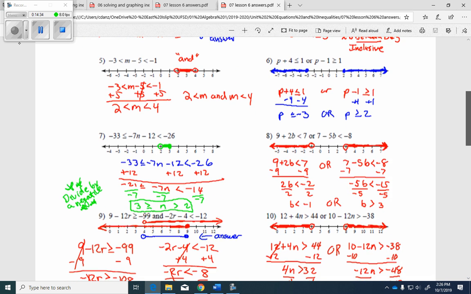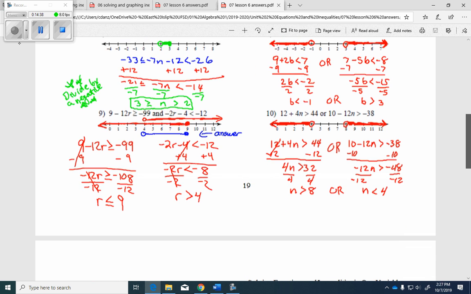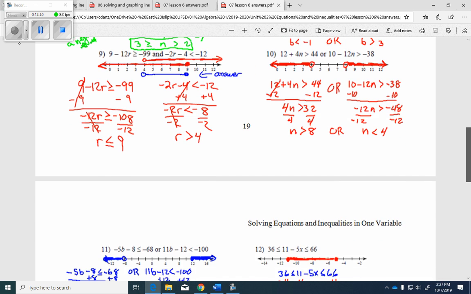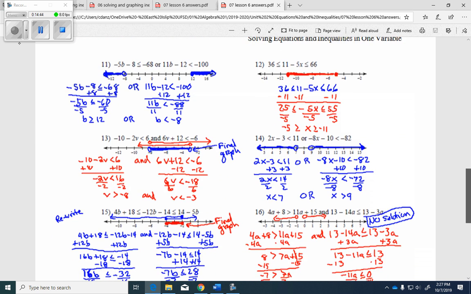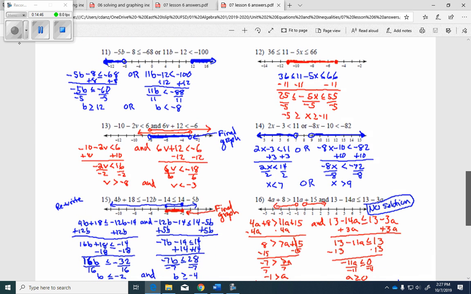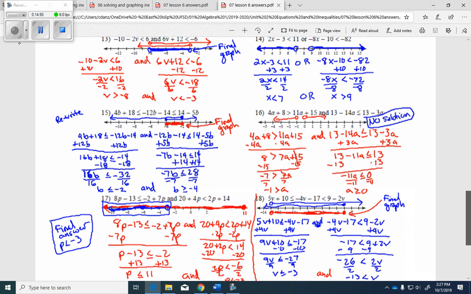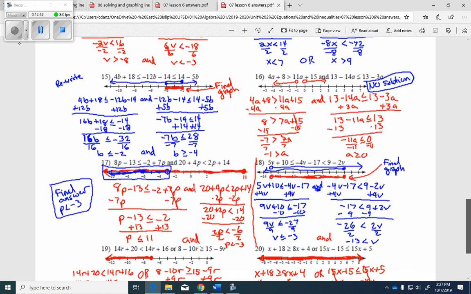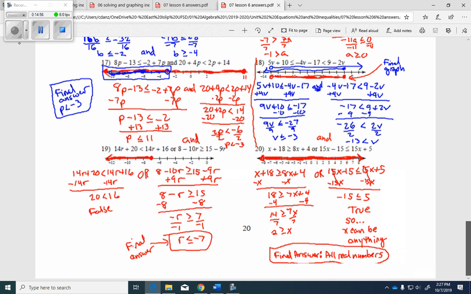You pause when you need to, and you can ask any questions that you have in class. Number 20 is a neat one, because everything gets shaded over.